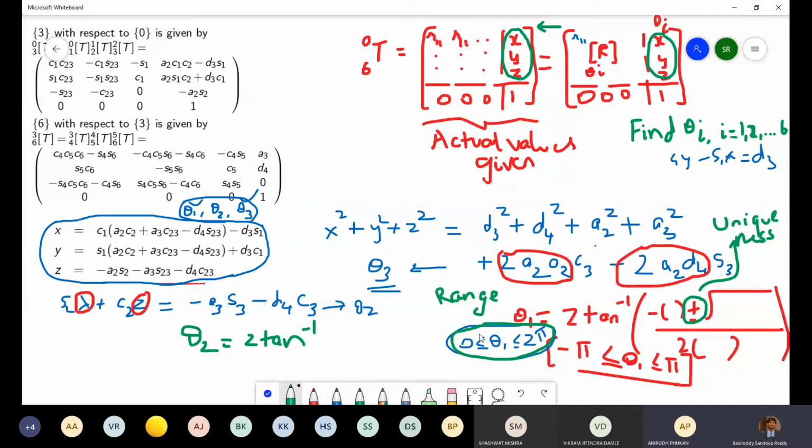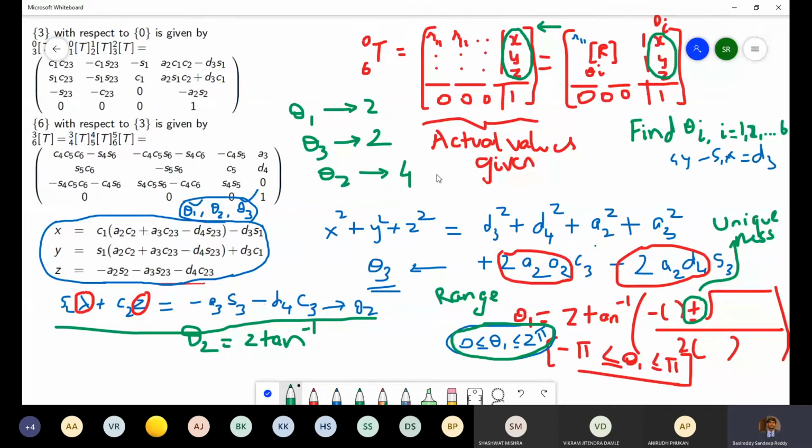So if you see here, there are 2 values for theta 1, which we got separately. For theta 3 also we got 2 values separately, and theta 2, if you see this expression here, it is dependent on theta 3. So theta 2 we get 4 values.